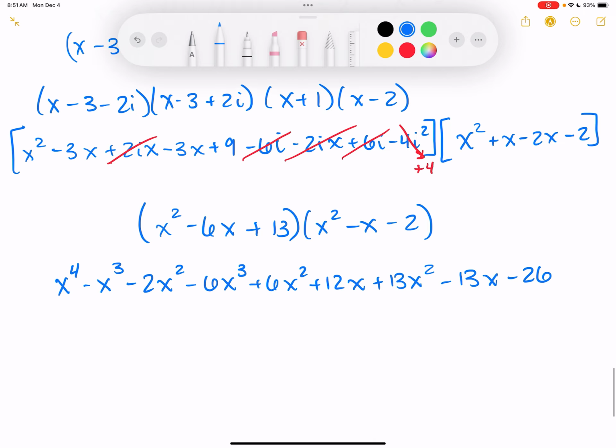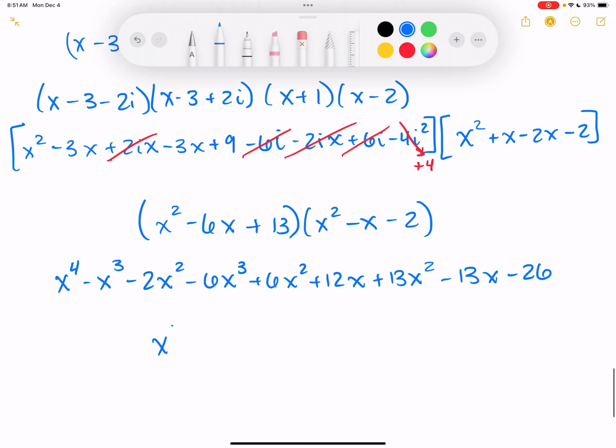So I've got x to the 4th, let's see, cube terms. I've got minus 7x cubed. Squared terms, I have 3 of them, so that's going to be 17x squared, so plus 17x squared.